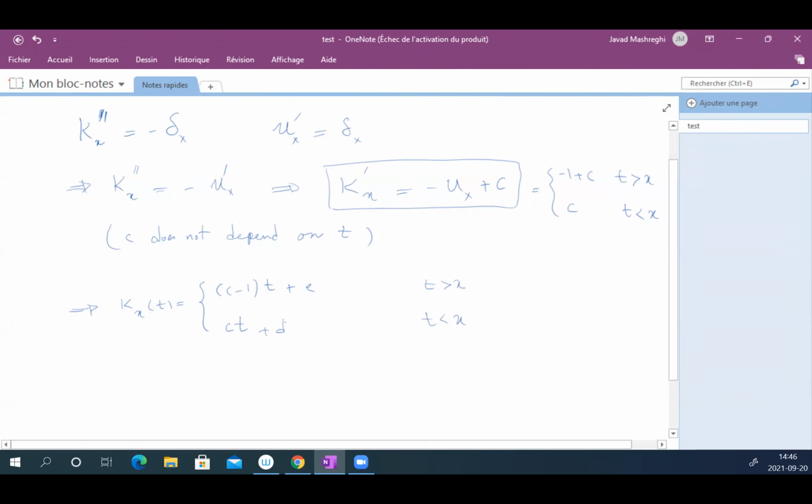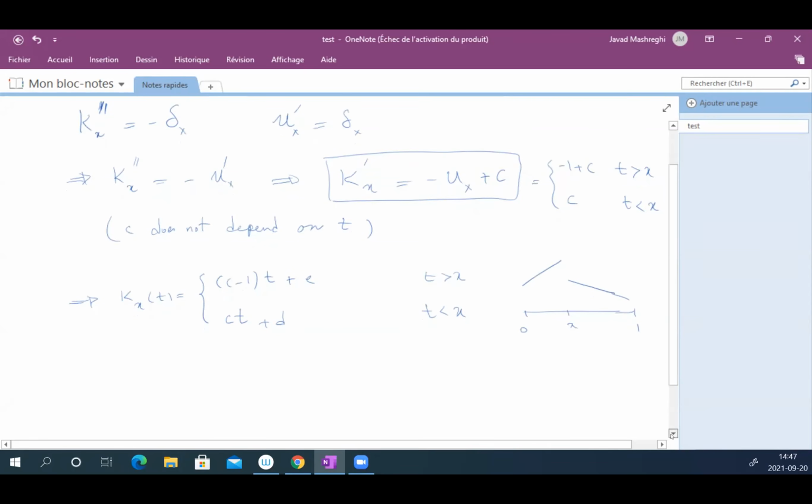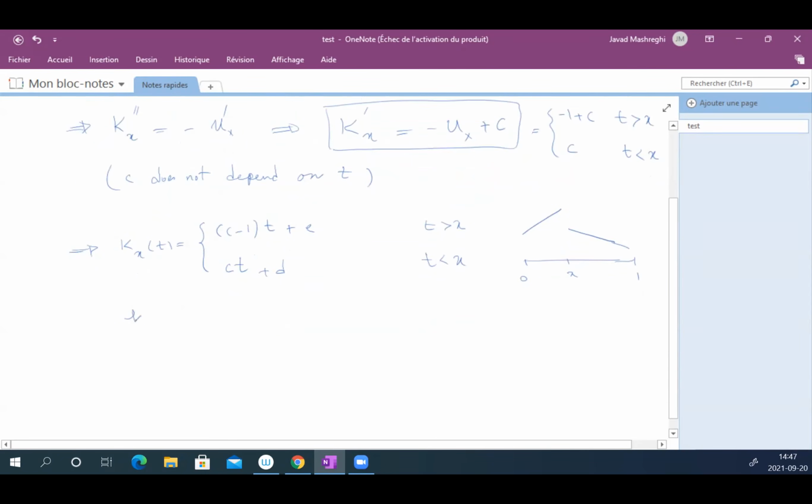So what do we have here? We have a function k x. When we look at the graph of k, from 0 to x and from x to 1, in both cases there are lines, a line like this and a line like that. Remember that we want to solve it such that, at the end of the day, k x needs to be in h.